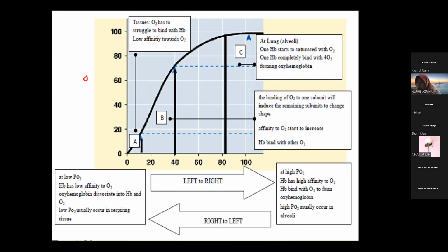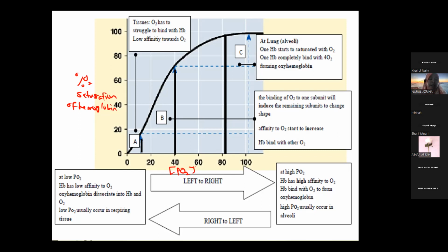Where the y-axis shows you the percentage oxygen saturation, peratusan ketepuan oksigen dalam hemoglobin, versus the partial pressure of oxygen, tekanan separa oksigen.